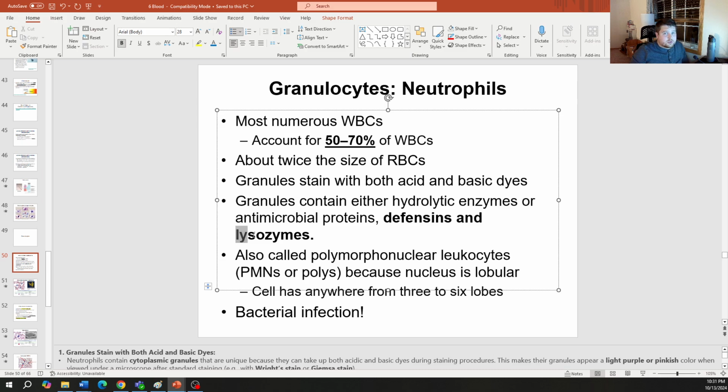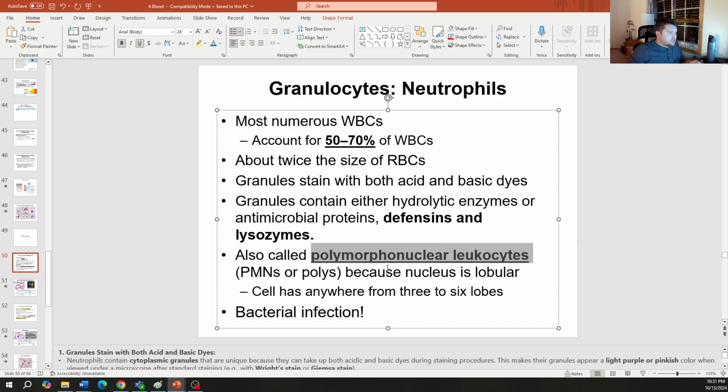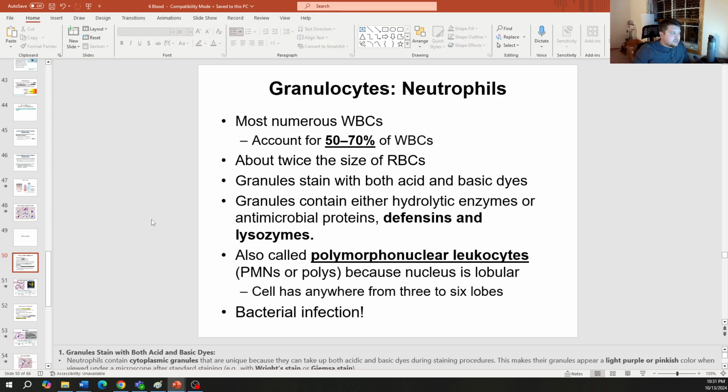That's for phagocytosis, digesting stuff, breaking stuff down. That's what the neutrophils' jobs are. Some of the naming, this is another vocab that you need to know. You'll see this term polymorphonuclear leukocytes, because the nucleus has little lobes to it. Polymorphonuclear.